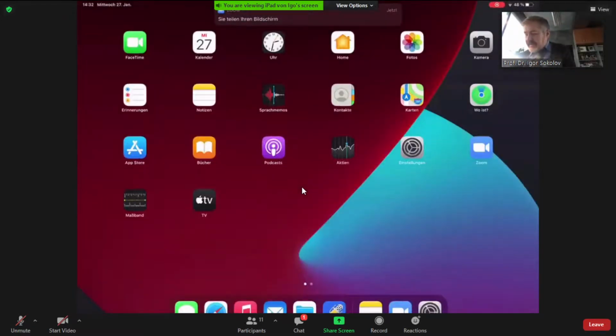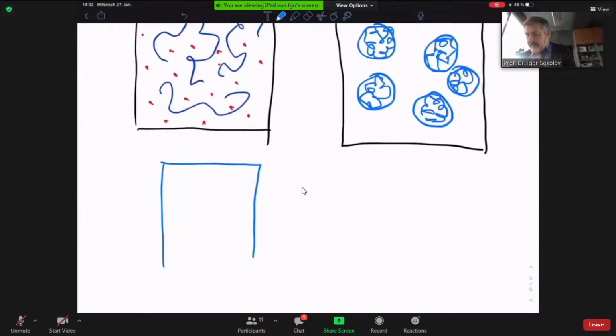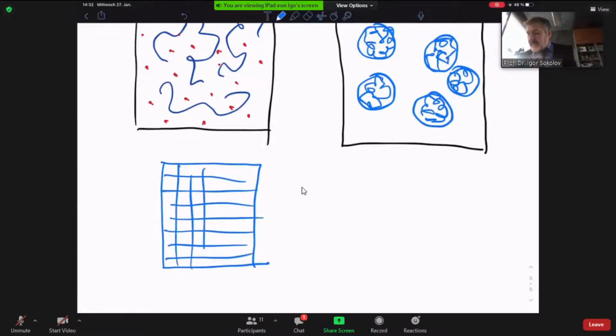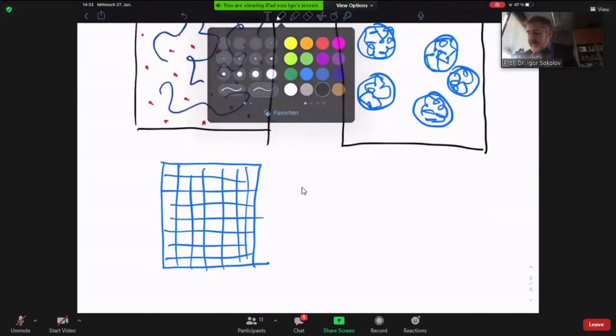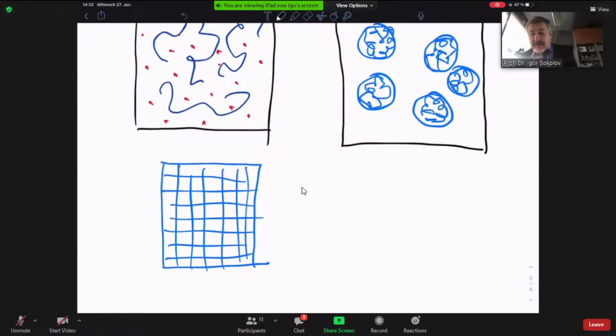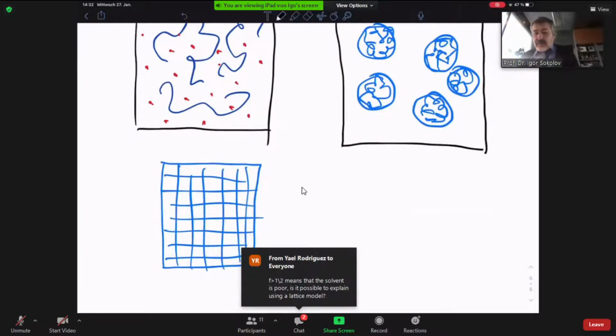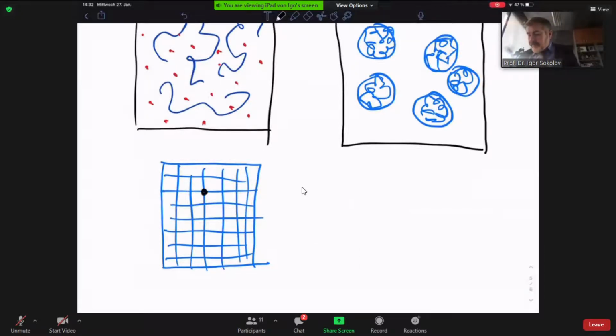We start on a lattice. We have a lattice. And now we calculate the total number of possibilities of placing there the solvent molecules and the polymers. Let's look first at the placement of the polymers.